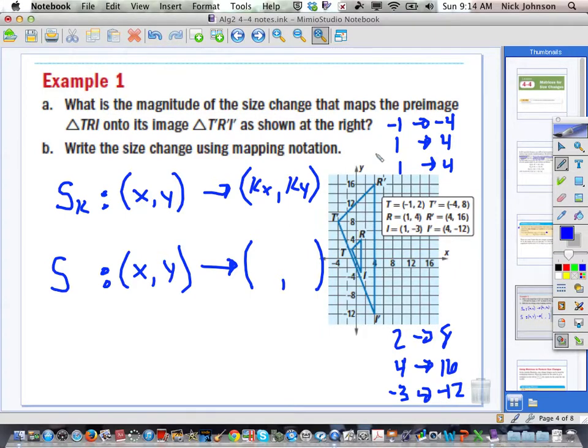So if you look at these, basically all you're asking is 2 times what number gives you 8? Because that's what happens in a size change. Well, if you divide by 2, x equals 4. Does that work for all of them? Yeah. Negative 1 times 4 is a negative 4. 1 times 4 is 4, etc., etc. So my k is 4. Put a 4 there. 4x, 4y.